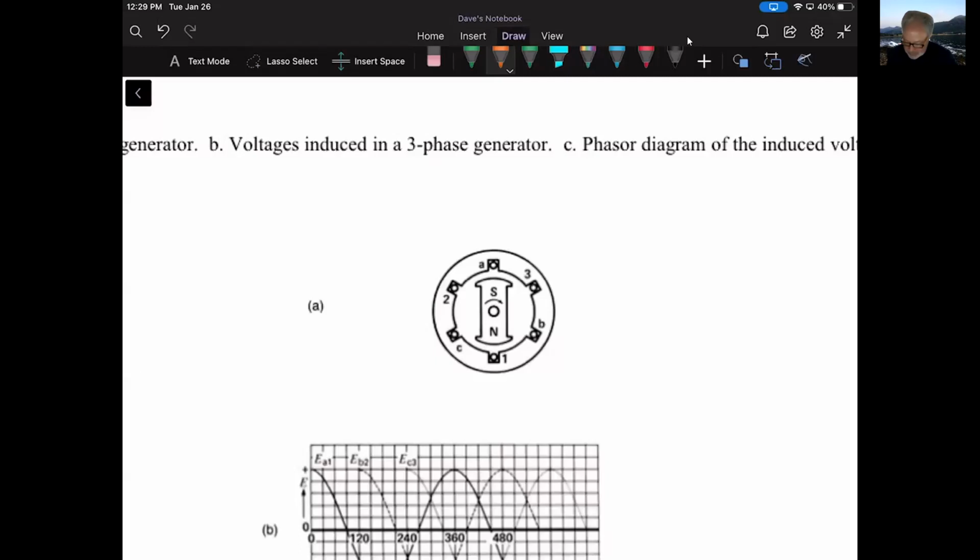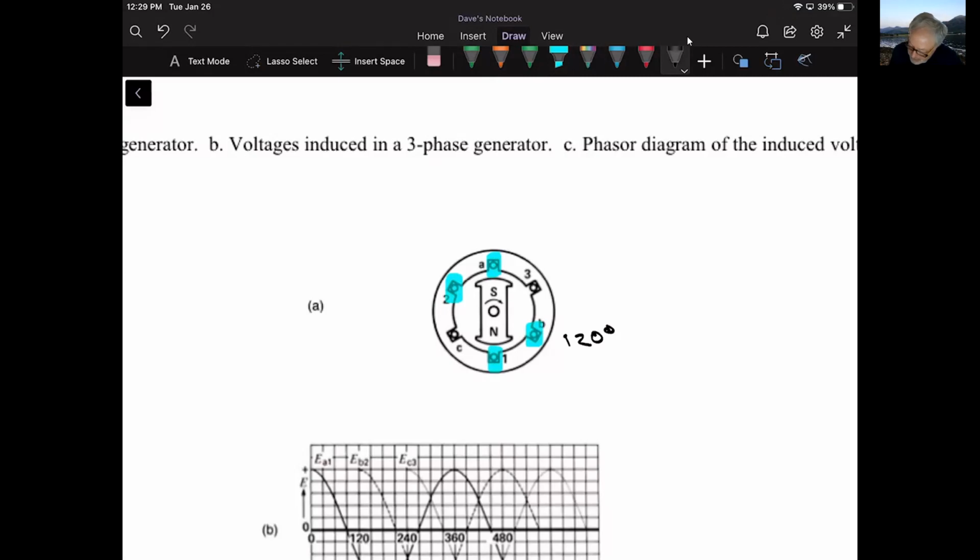As we look at the construction of the three-phase generator, we see that it follows the scheme of the earlier generators. You remember the very first one, we looked at phase one, which was labeled as A1, and then phase two. In the two-phase generator, these were placed 90 degrees apart, but now from A to B is 120 degrees.